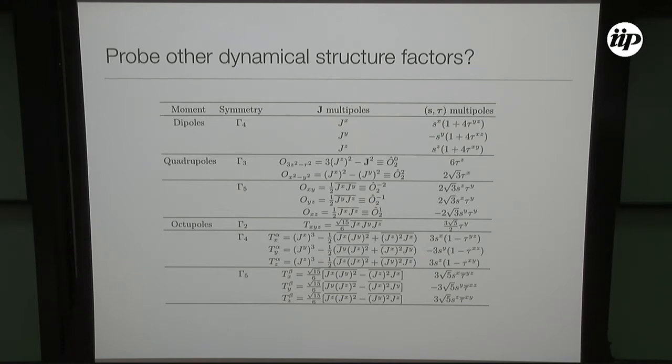And you can organize these higher multipoles in terms of irreducible representations of the octahedral group, and here we write them in terms of pseudo-spin and pseudo-orbital operators in our language. And if you like, add another column here where they're written in terms of Majorana fermions.